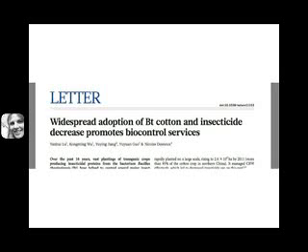These researchers discovered that by growing Bt cotton, and this is a cotton that produces its own pesticide in the form of a very specific toxin, they found that there was significant reduction in pesticide application and, most importantly, a very significant increase in the biodiversity of the region.